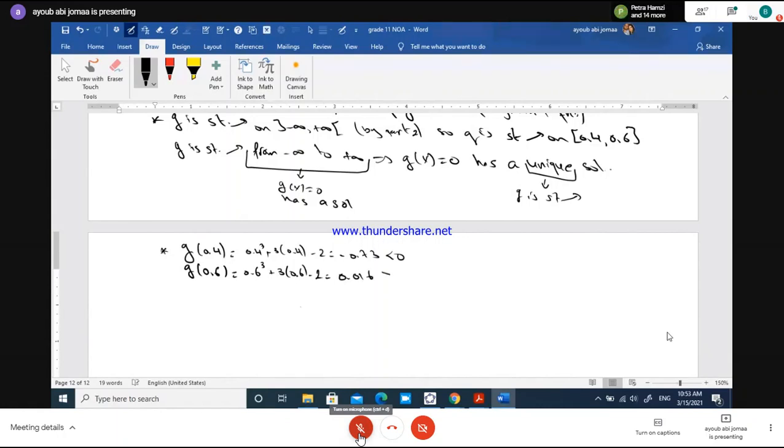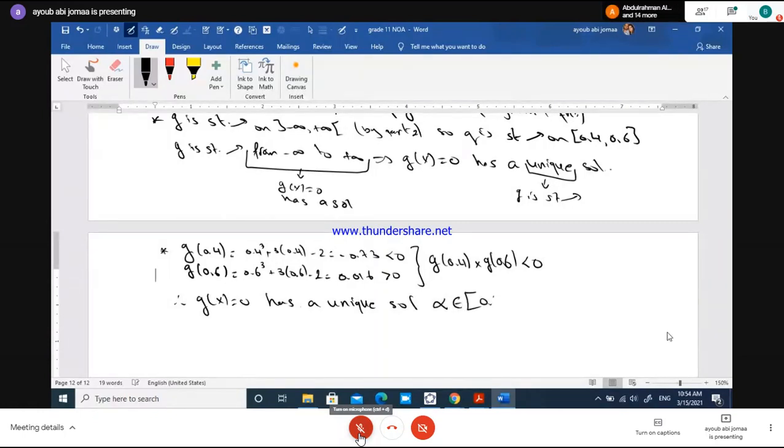It's positive. One of them is negative, the second one is positive. So your g of 0.4 times g of 0.6 is negative. Therefore, g of x equals 0 has a unique solution alpha, and this alpha belongs to 0.4, 0.6.